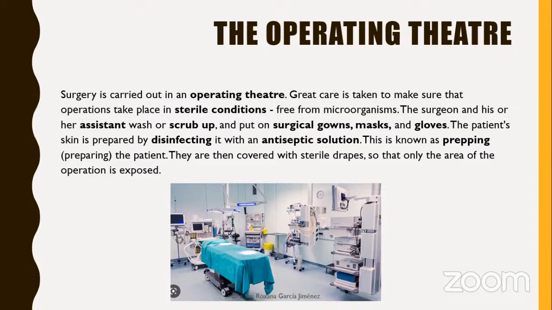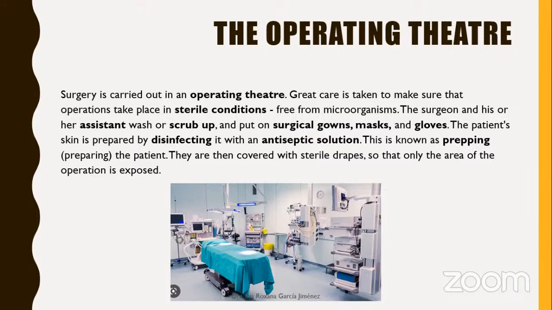The operating theater. Surgery is carried out in an operating theater. Great care is taken to make sure that operations take place in sterile conditions, free from microorganisms. The surgeon and his or her assistant wash or scrub up and put on surgical gowns, masks, and gloves.